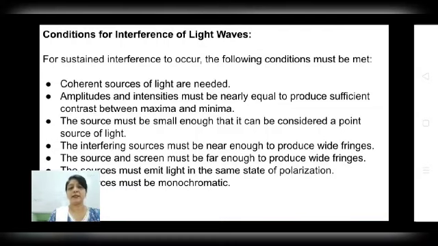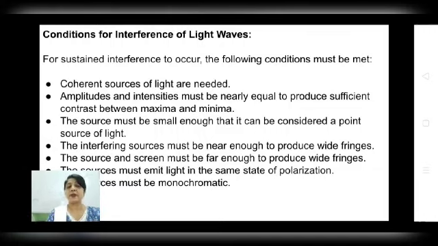The source and screen must be far enough to produce the wide fringes. This means there should be a proper distance kept between the source and screen so that a clear visible pattern of fringes is obtained on the screen. The sources must emit light in the same state of polarization.